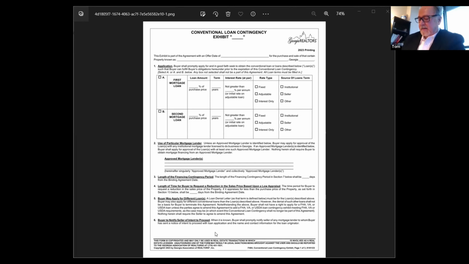I'm curious, if we have named the lender on this exhibit with the contact information and there's no change, do we still need to issue that notice? It depends. Now, if the buyer already has signed the intent to proceed, I would certainly send that anyway, as part of paragraph 6.